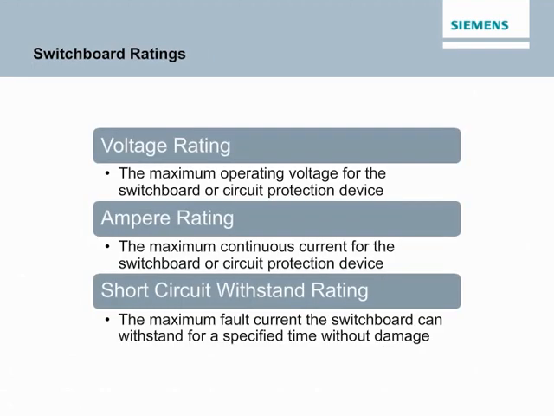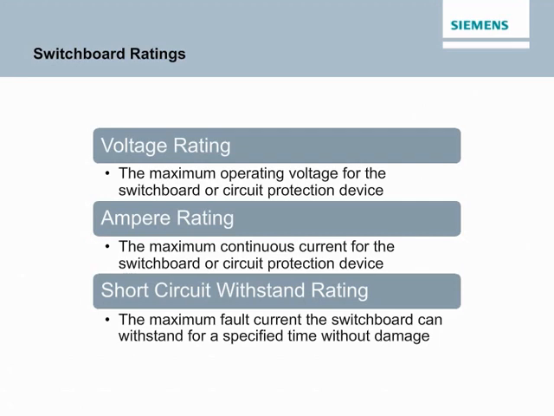When selecting switchboards and overcurrent protection devices, it's important to know the supply voltage, maximum continuous current, and the available fault current. These factors are critical to the following switchboard ratings: voltage rating, ampere rating, and short circuit withstand rating. The voltage rating of a switchboard must be at least equal to the system voltage.